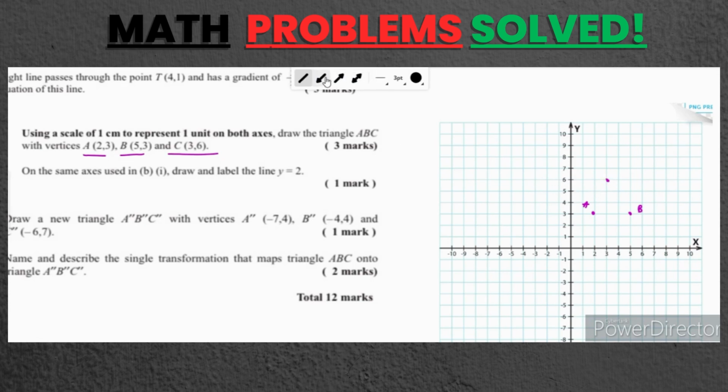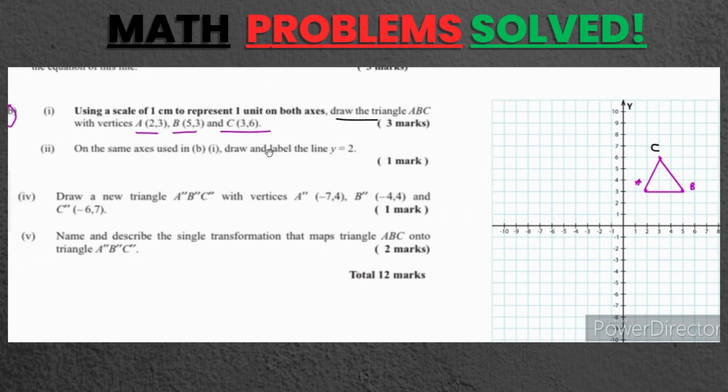Then we will join all these points, this point with this, and this point with this. So we got a triangle ABC. That was asked in the question. We just have to draw the triangle, right? So this will be the required triangle.